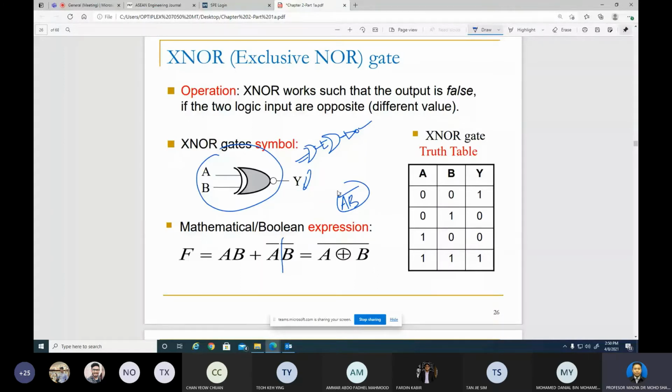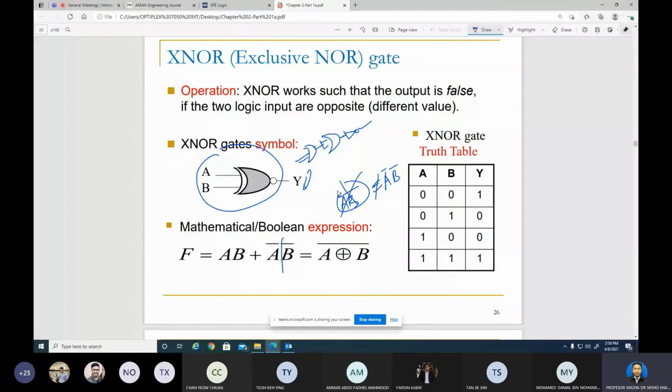They are not the same, as I explained before. So don't write it like the shared bar for the exclusive NOR expression. That is a wrong answer. You have to write A bar B bar.